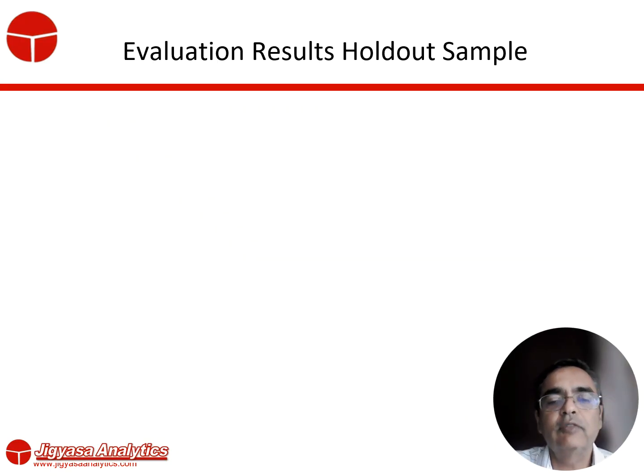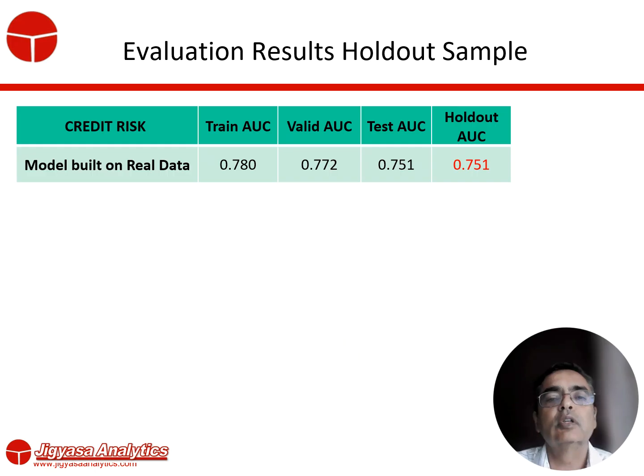So let me share with you some results from these experiments we have conducted. So we took a credit risk data set. In fact, it was a publicly available Australian credit card data. And we divided it into train, validation, and test, but also kept a holdout sample away from it. And this is the performance we got on the different samples.